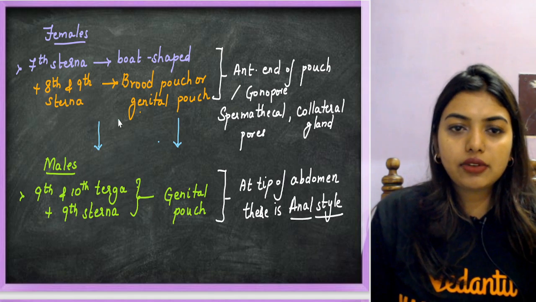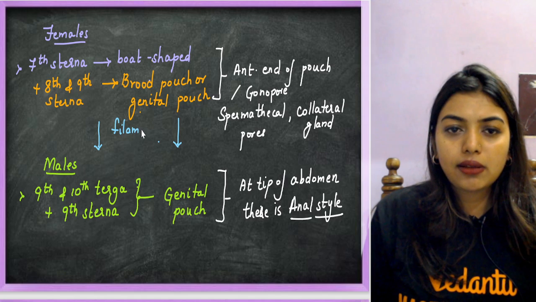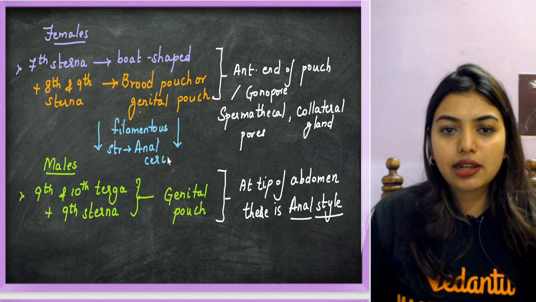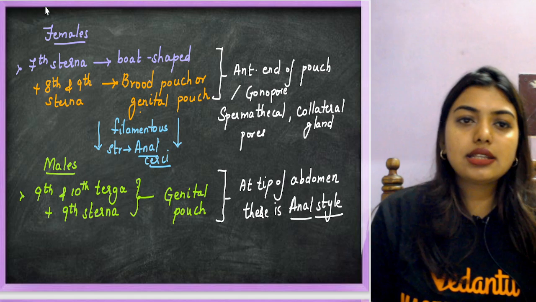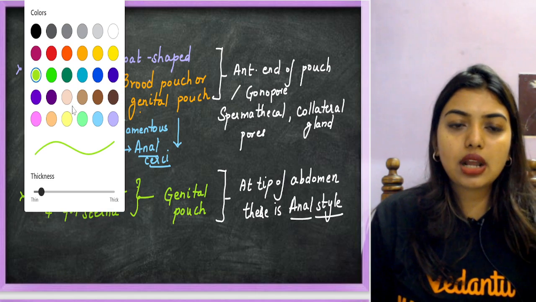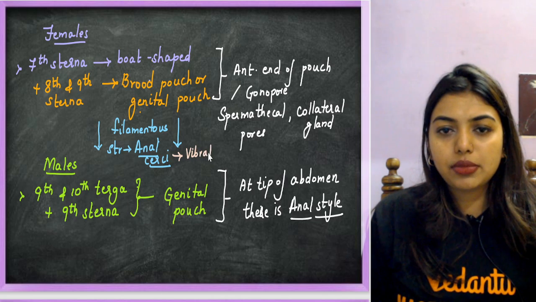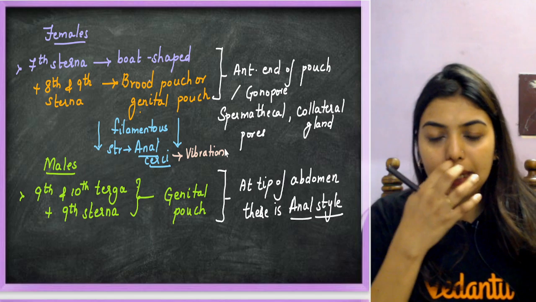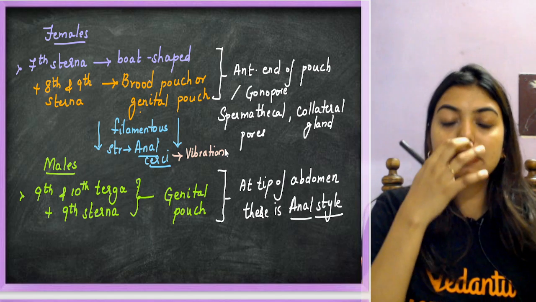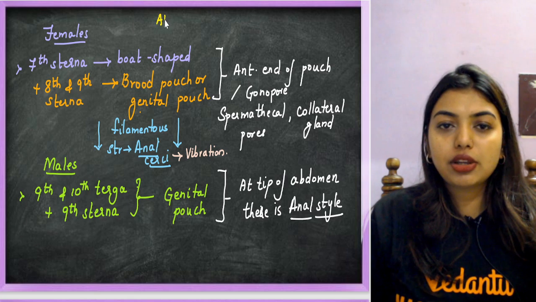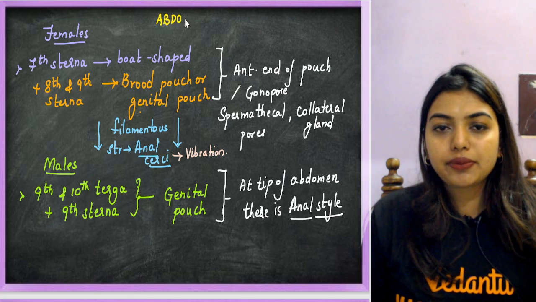They have a filamentous structure called the anal cirri. This anal cirri is not just some fellow, he has a task. Anal cirri will take the vibrations. Got it? This is a very, very, very important portion. If you forget this, students, abdomen questions will be difficult to answer.